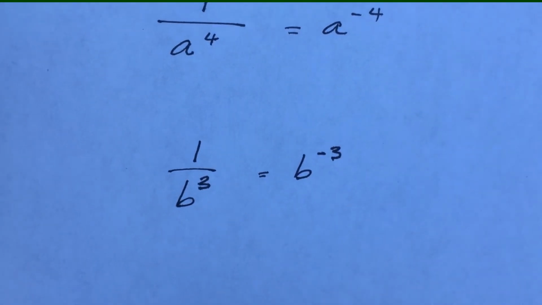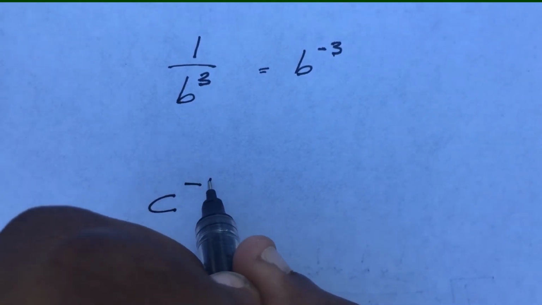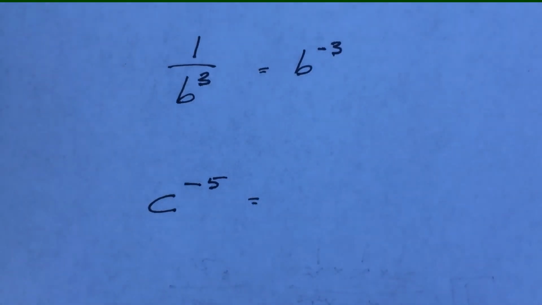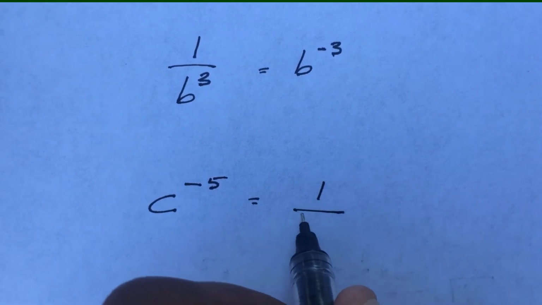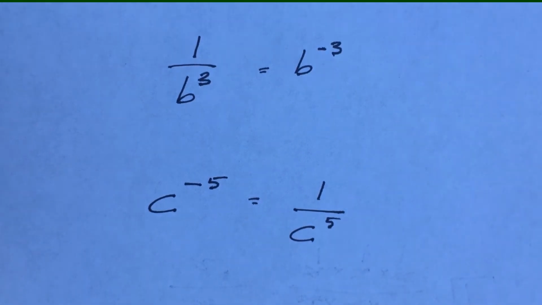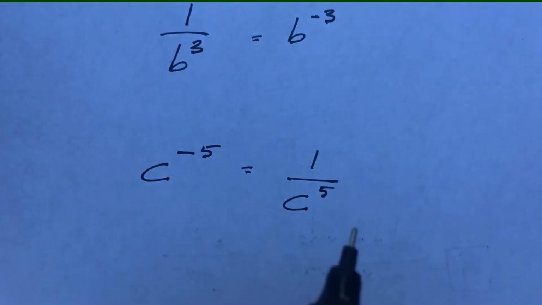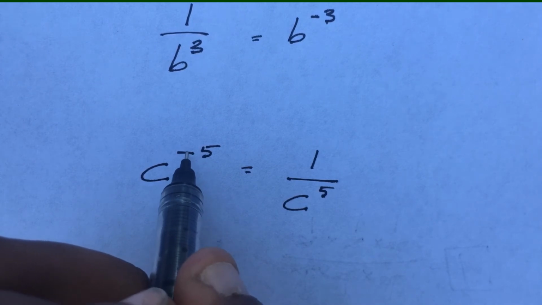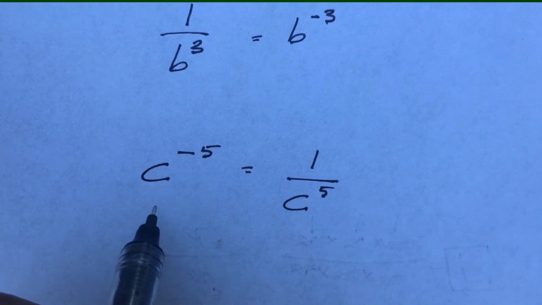What if the case switched? So for example, we had c to the negative 5. What do you think you're going to do? Well, you have 1 over c to the 5th. See there? So what some teachers use to explain the concept more simply is that they say, once you see a negative index, it means that you change the negative to a positive and the base crosses the line.